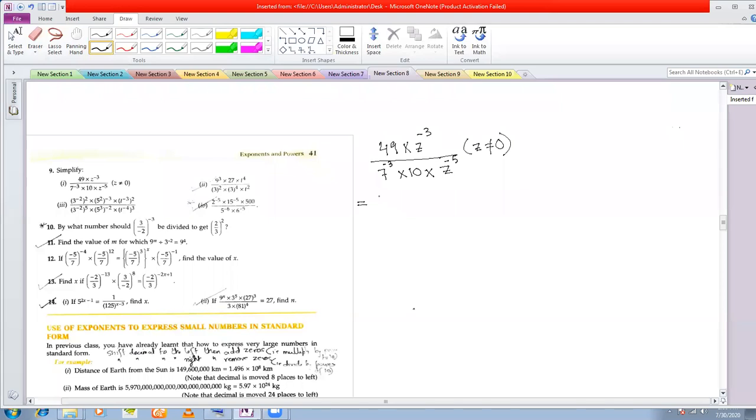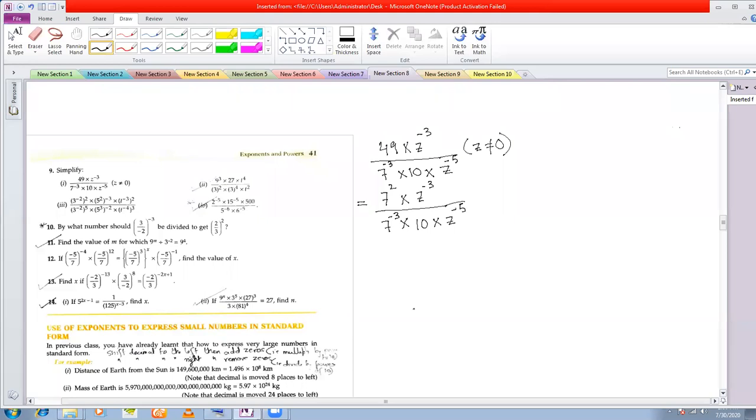You need to simplify this. So you know 49 can be prime factorized to 7 square, into z to the power of minus 3 will be as it is. You write the 10 as it is, or you can write it 2 into 5 also, but no point. There are no 5s or 2s here.